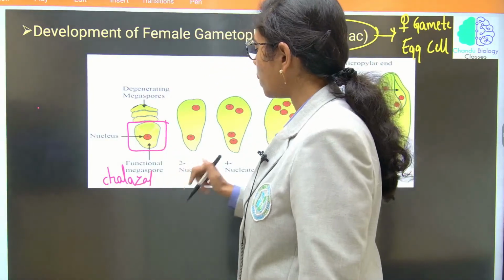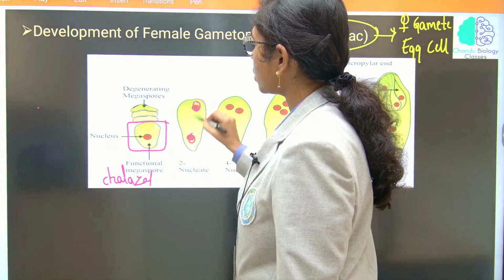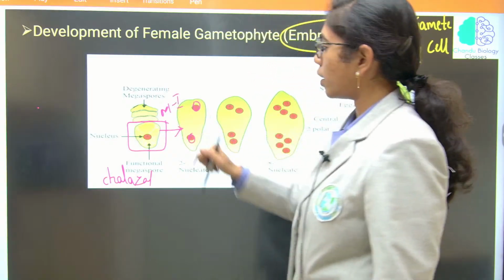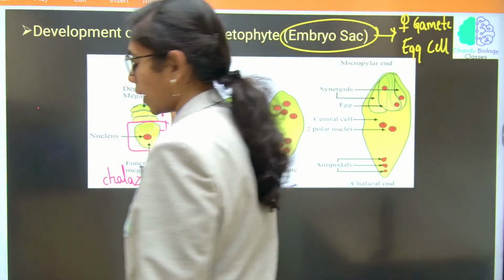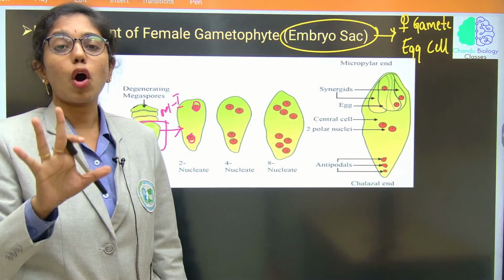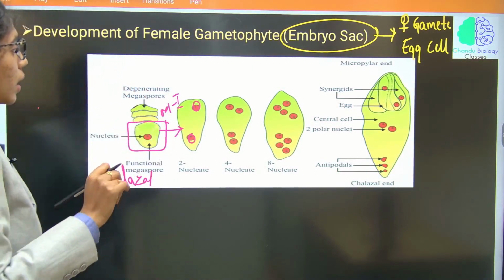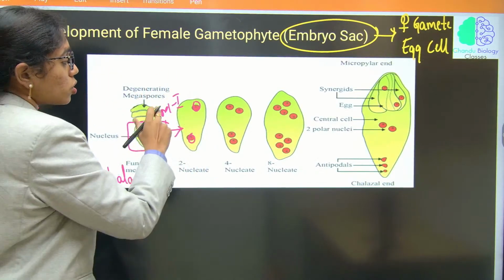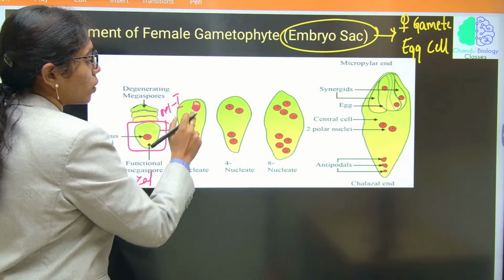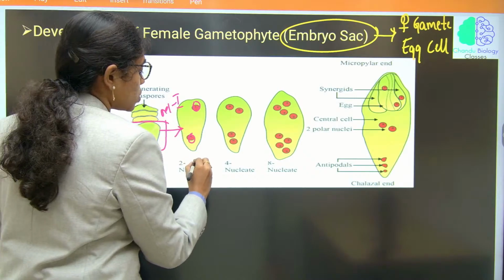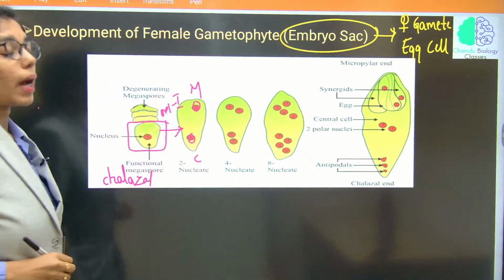This functional megaspore, after the first mitotic division, gets divided into 2 nuclei. Remember, here karyokinesis is not followed by cytokinesis. So after the first mitotic division, 2 nuclei are formed which move towards the extreme poles, one at the chalazal end and one at the micropylar end.